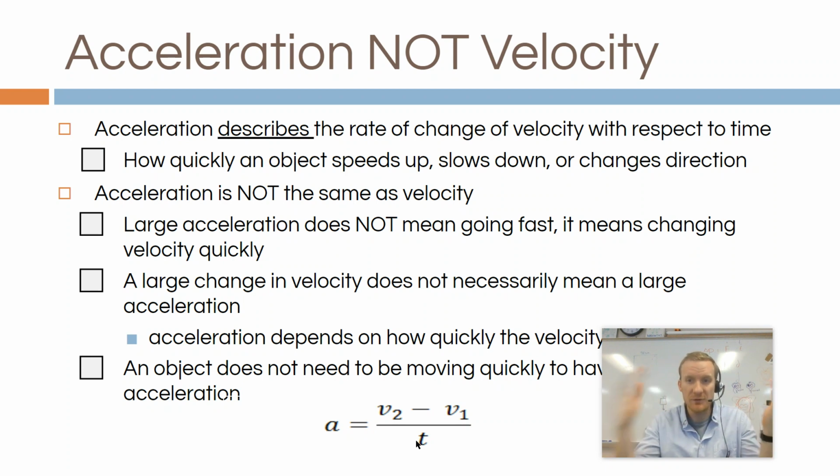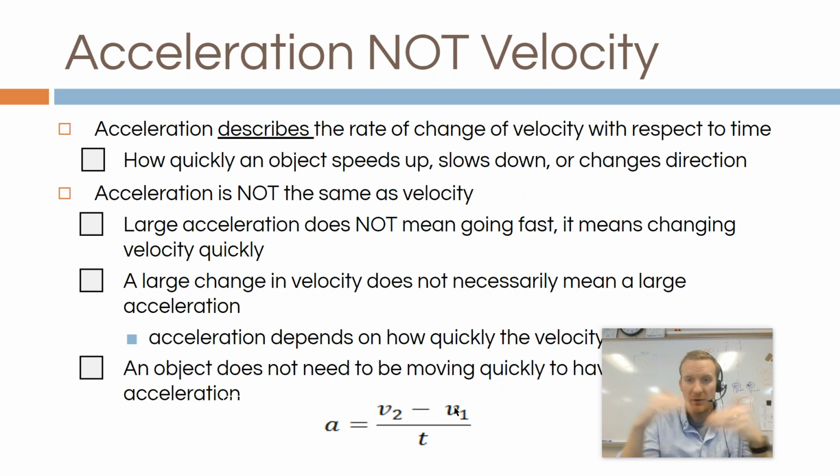If it takes a very large amount of time, then my acceleration is going to be really, really small. Conversely, if you go from 55 to 70, but you do it really, really quickly, it's not a huge change in velocity, but if we're doing it in a very short period of time, that's a very large acceleration.